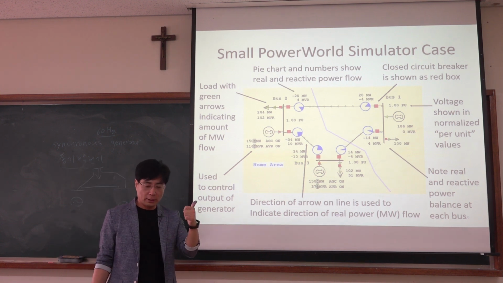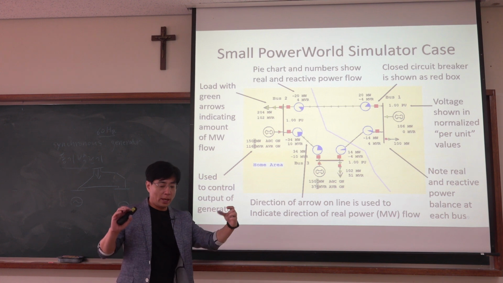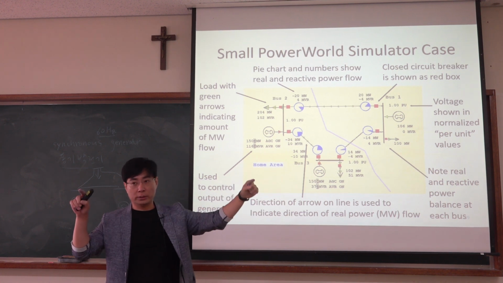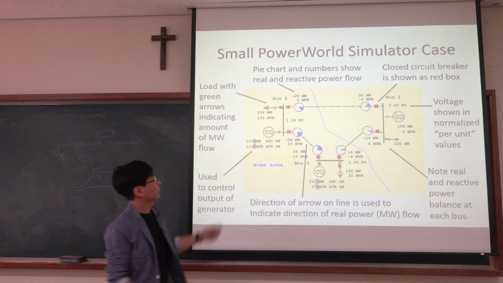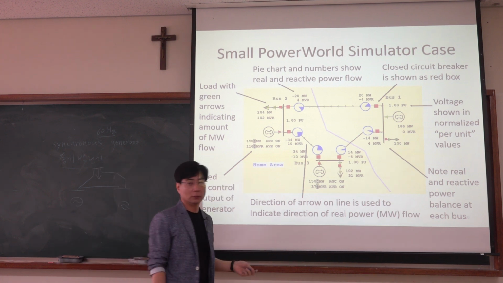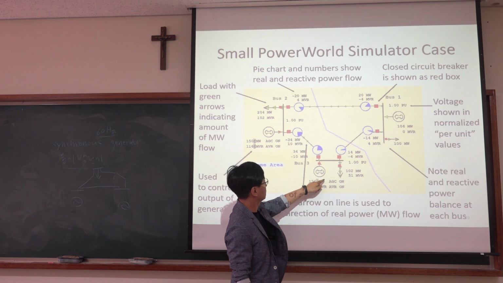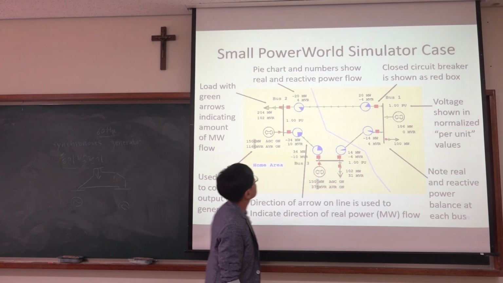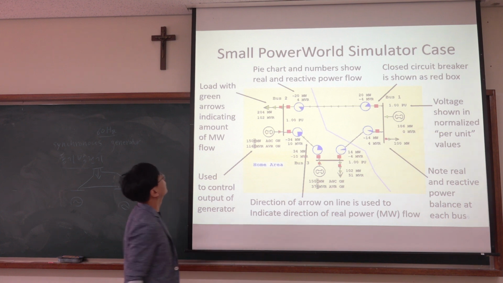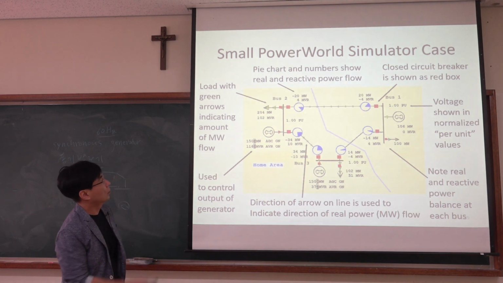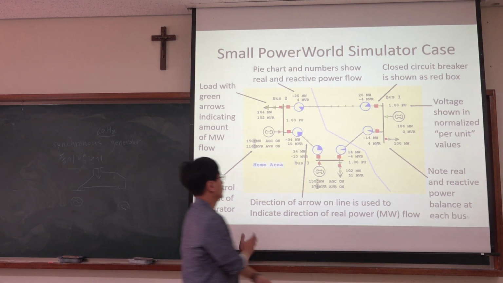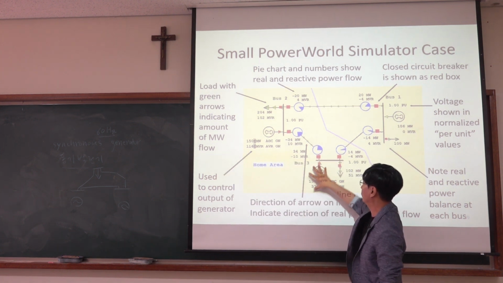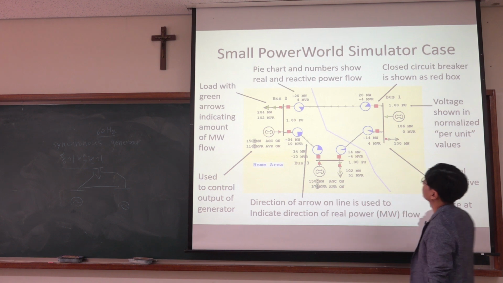The simplest single line diagram has one power source and one load and one transmission line. That is too simple. Typically we have three buses. So each bus has a generator and load, and they are connected like that. So using PowerWorld simulator, you can change the amount of active power and reactive power of the generator and load.